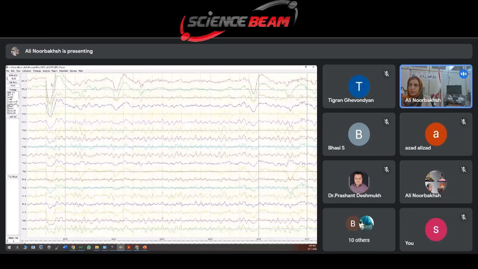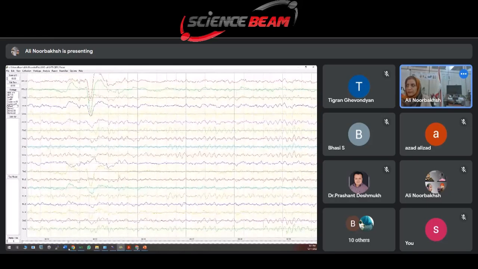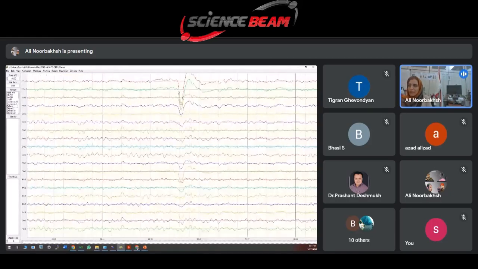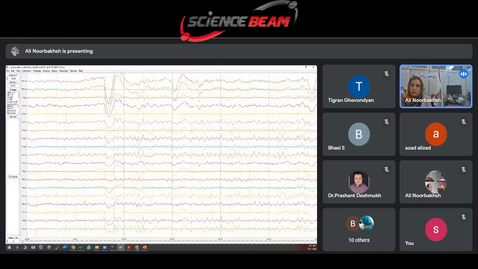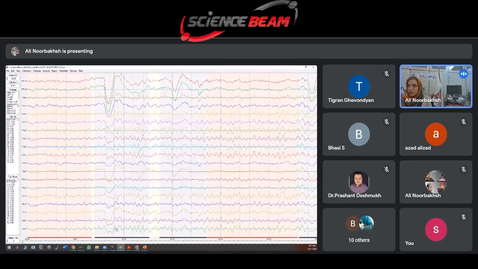This is an eye blink. On FP1, FP2, F3, and F4, we can see artifact. After that, you should click on edit, automatic edit, and then generate edit.